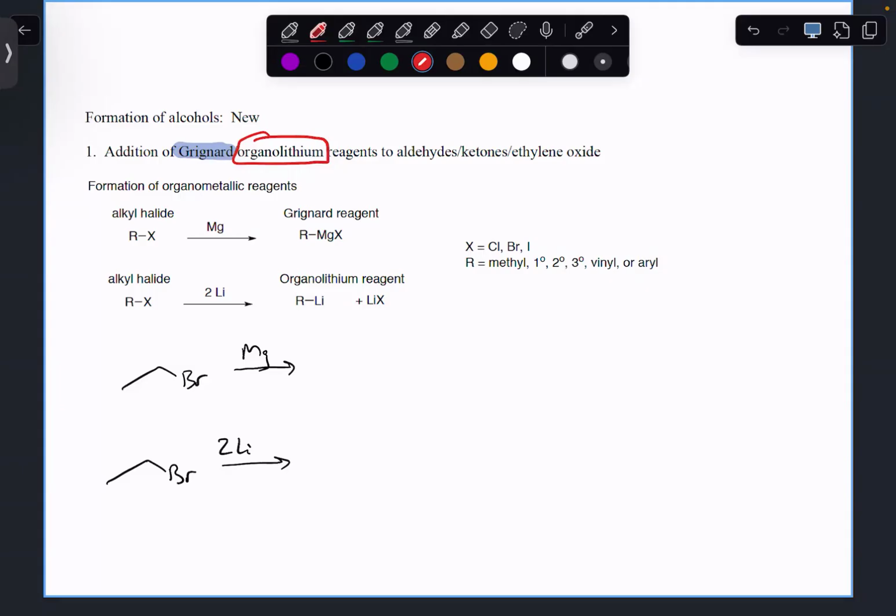And what they do is they insert between the carbon and the halogen of the alkyl halide. Right? And so we looked at this a little bit in lab when we were doing the Grignard reaction.